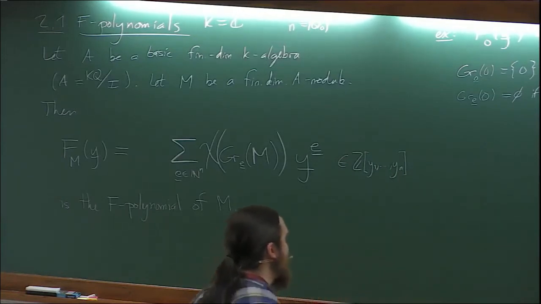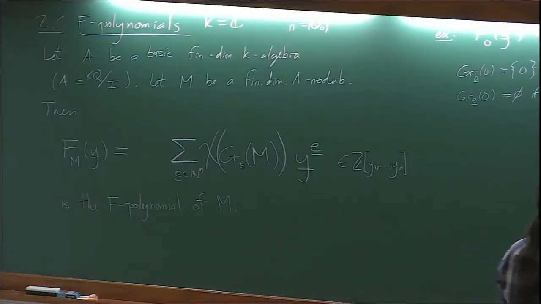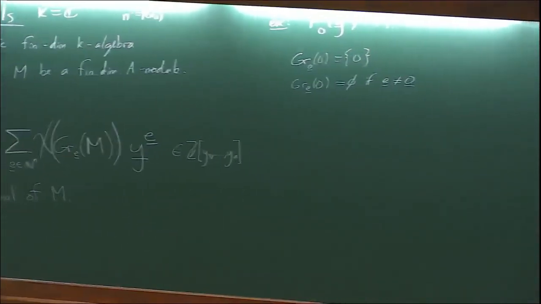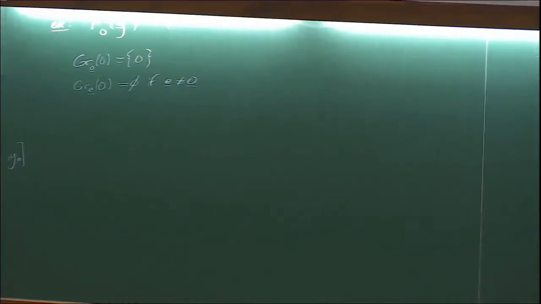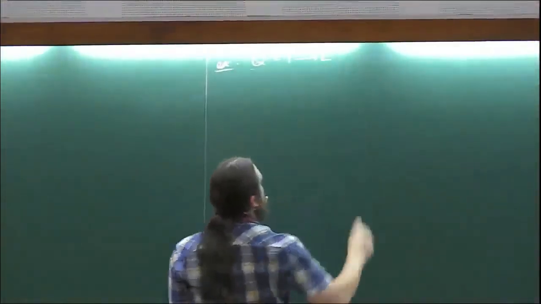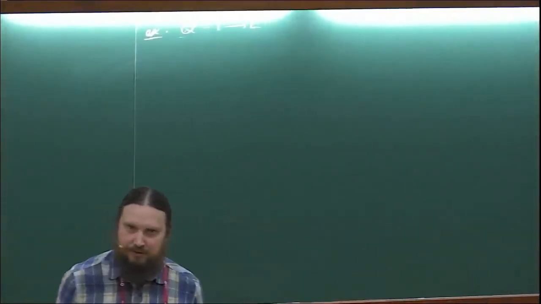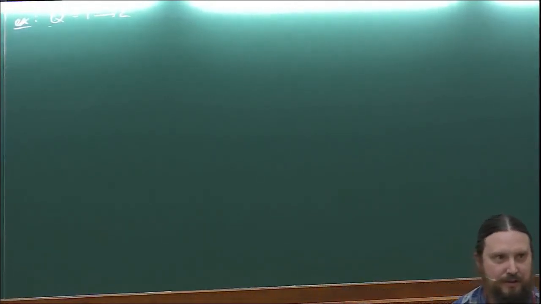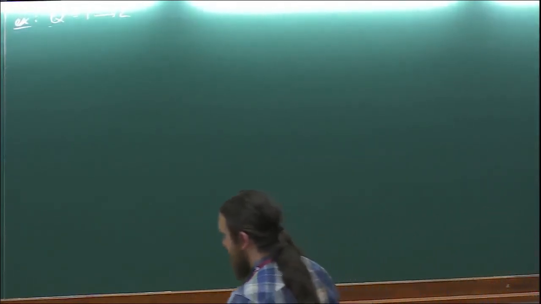Now a less stupid example, let's take the path algebra of the Kronecker quiver. And let's look at modules over this. Recall that in the very first lecture, we saw the classification of all indecomposable modules over the path algebra of the Kronecker quiver.